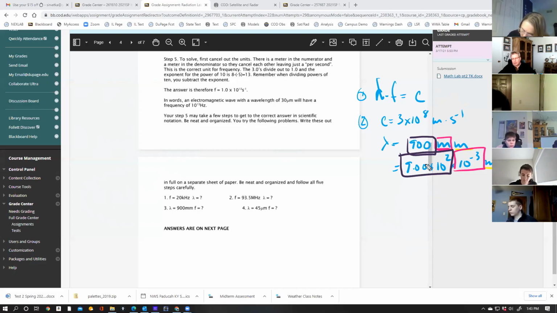Right. So again, I just want you to see the relationship between all of these. And what that says is that the wavelength is now equal to 9 times 10 to the minus 1 meters.